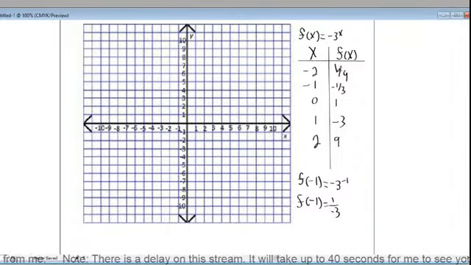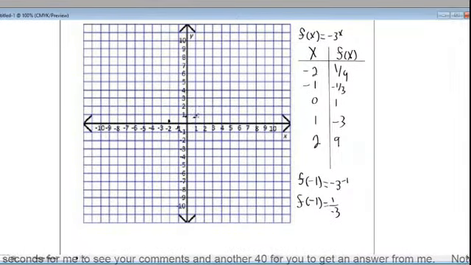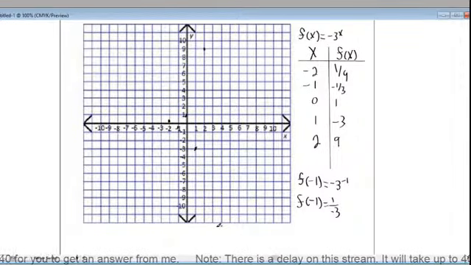Negative 2 is positive 1/9. That's right there. Negative 1 is negative 1/3, right there. 0 is 1. 1 is negative 3. 2 is 9. Well, this doesn't look right at all, does it?